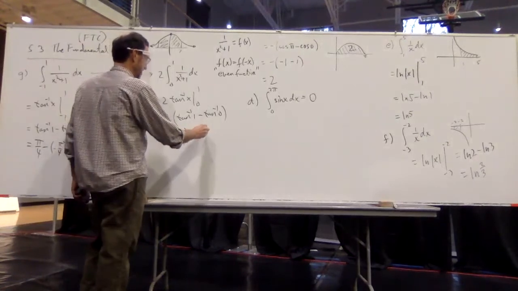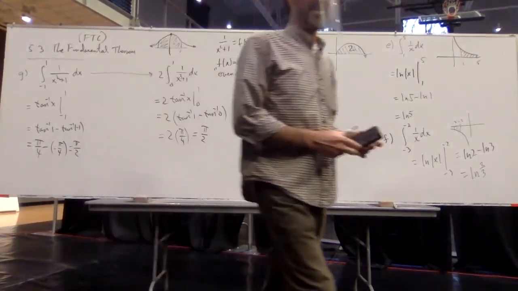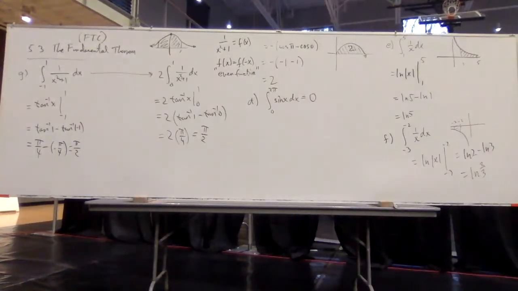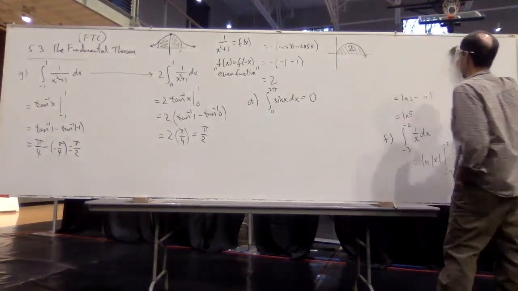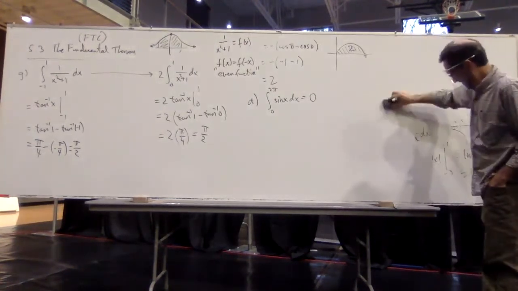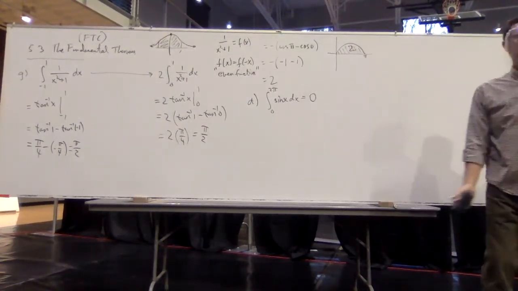Guess what we get? Pi over 2. Do we like that answer? Absolutely. It's what we got the first time. We better get it again, or someone's giving you bad information. Any questions?